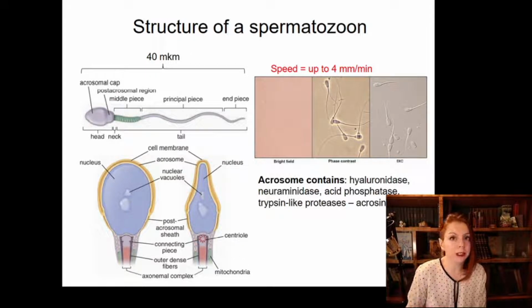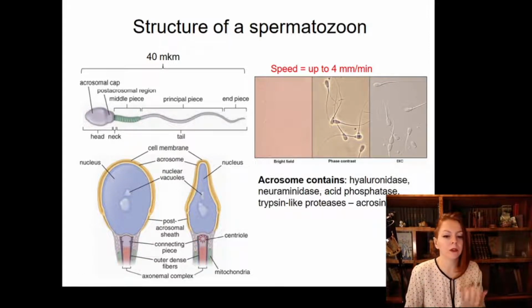To fertilize an egg, the spermatozoon needs to cross a barrier, and exactly these enzymes help it to do that. Besides the acrosome and the nucleus, the head has the plasmalemma covering it, and after that there is a neck region. In the neck region, the centriole is located.